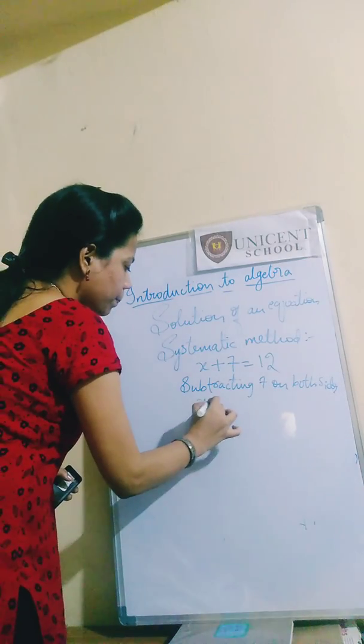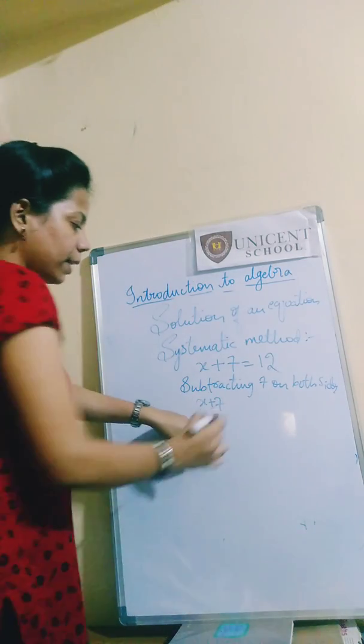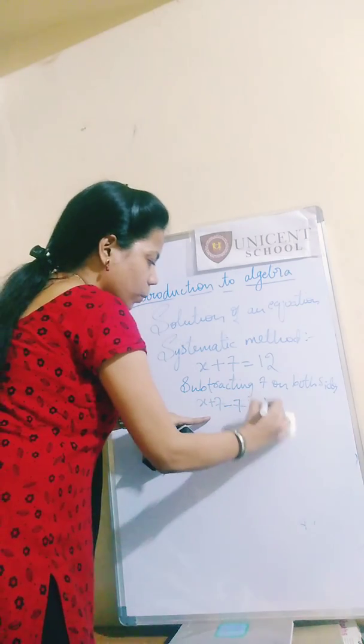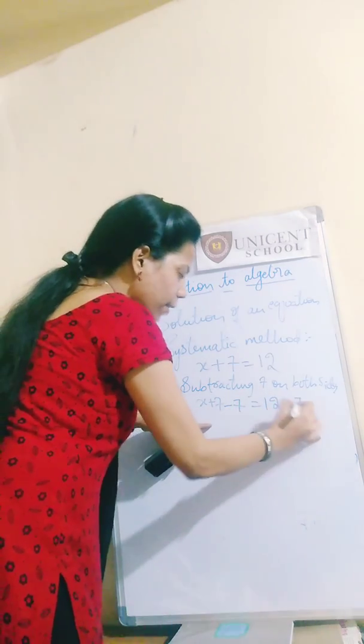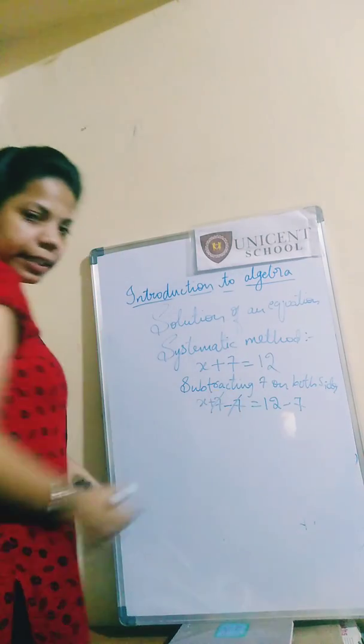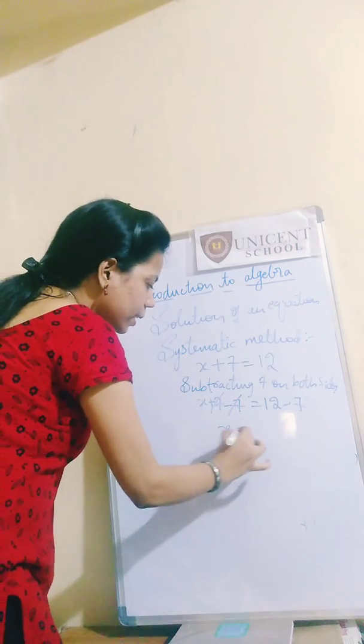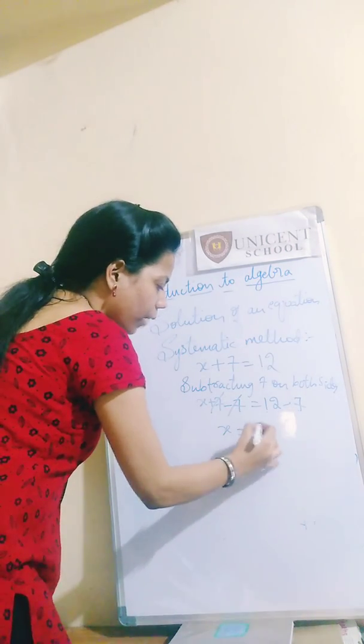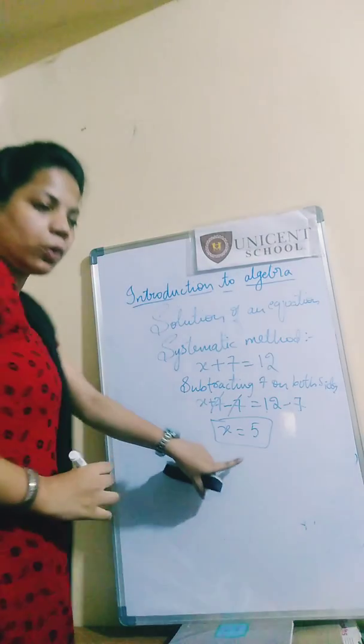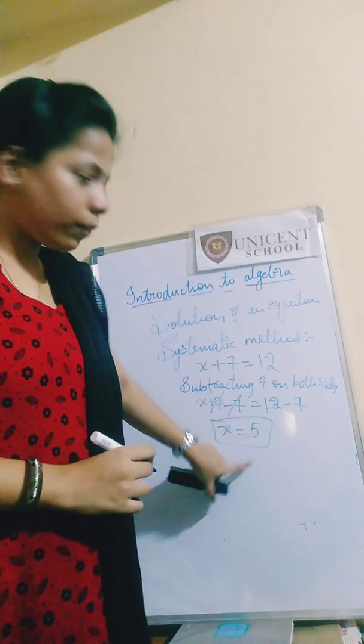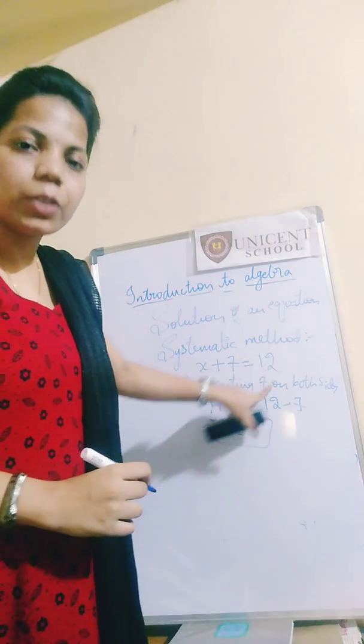So x plus 7 minus 7 is equal to 12 minus 7. Plus 7 minus 7 gets cancelled. So x is equal to 12 minus 7, 5. So x is equal to 5 is the solution of x plus 7 is equal to 12.